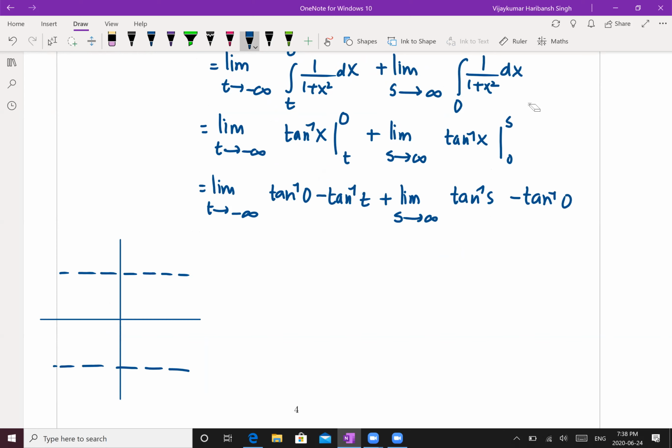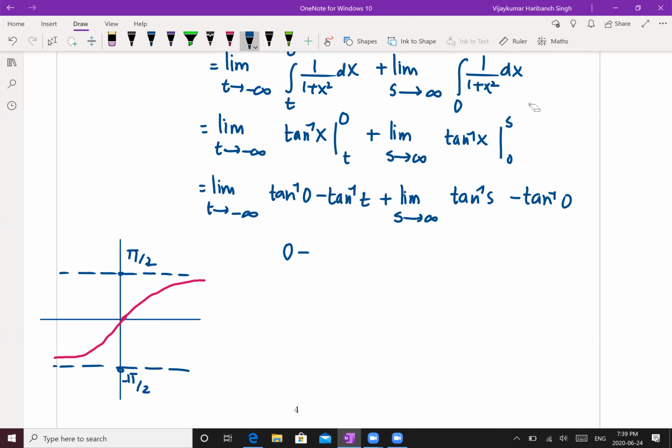This value is pi by 2 with a minus sign. This is plus pi by 2, and tan inverse of x looks like this. These are the asymptotes for it, horizontal asymptotes. So tan inverse of 0 is 0 minus tan inverse of t as t goes to minus infinity.